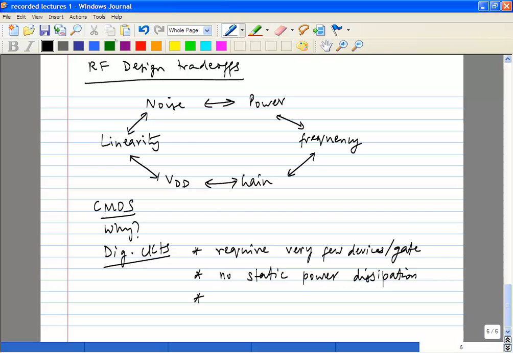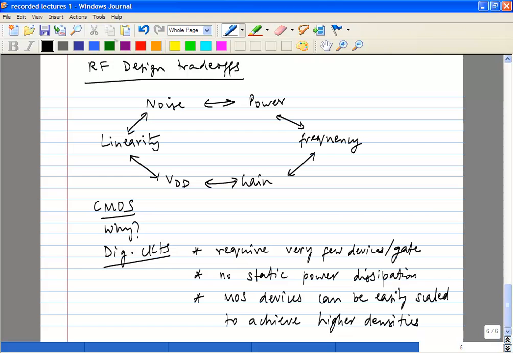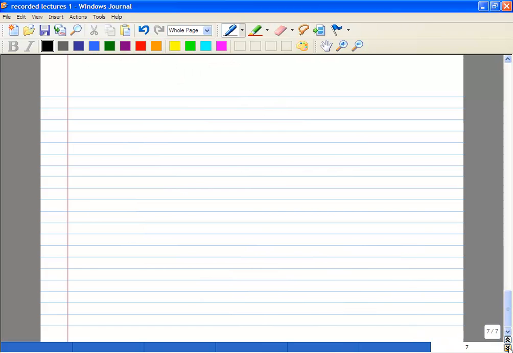Then the MOS devices can be easily scaled down to achieve higher and higher densities. Okay, and coupled with this, you also have lower fabrication costs compared to bipolar processes, especially in the presence of high volumes.